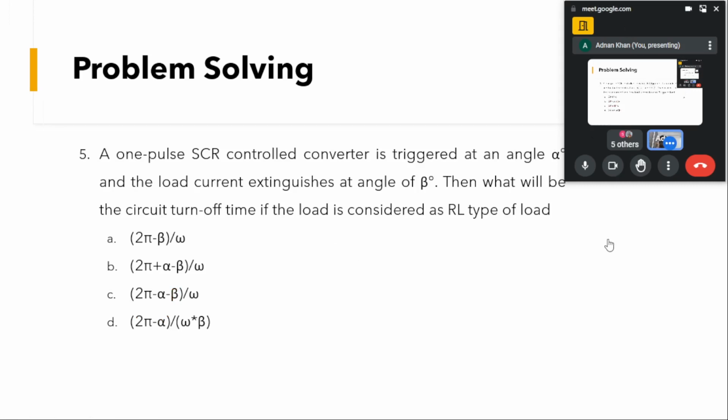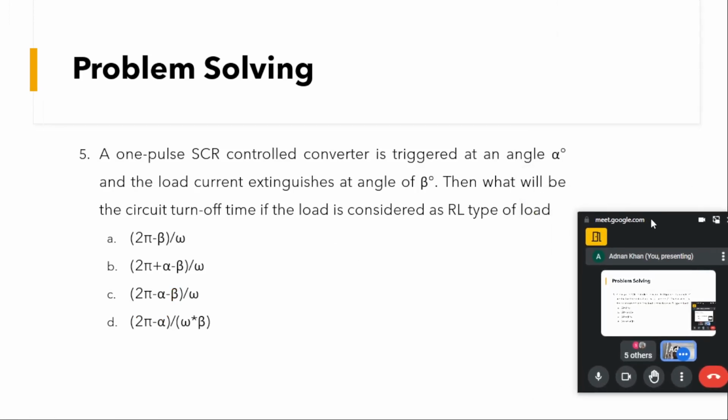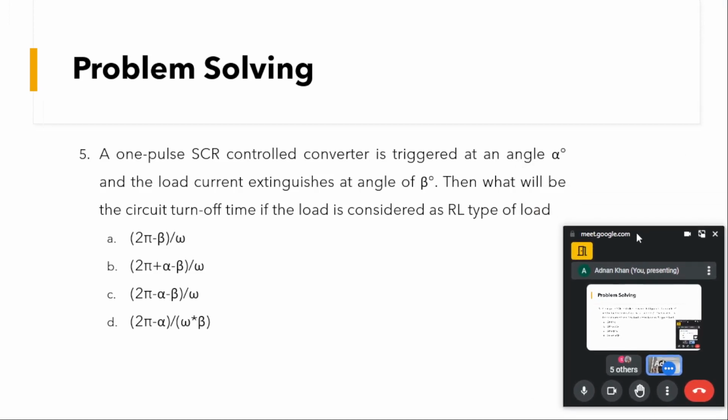Now coming to the fifth question. A single pulse SCR controlled converter is triggered at an angle alpha, and the load current extinguishes at an angle beta. Then what will be the circuit turn off time if the load is considered as an RL type of load?